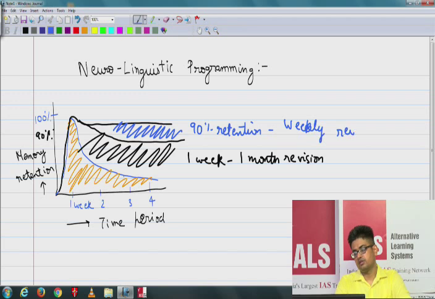This is only possible when somebody is revising weekly, okay? So please choose your category, what kind of person you are, and if you want to raise your standard, you raise your type of effort, so please try to remember these facts, and I hope you will be able to do better. Now one more thing.